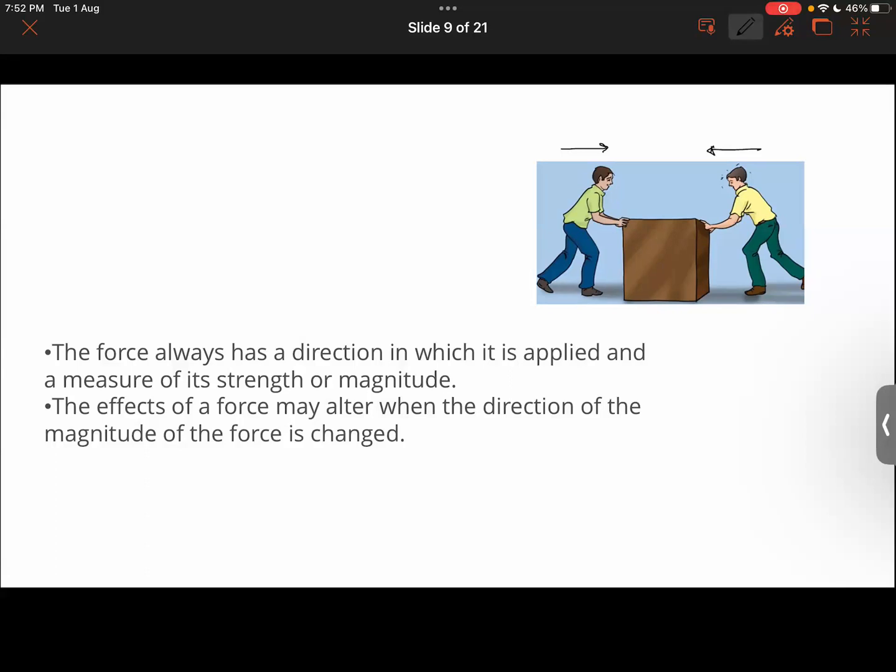The object will move if the force applied is greater than the force applied by the other person. Say person A and person B. If person A applies a greater force than person B, then the object will start to move towards person B.